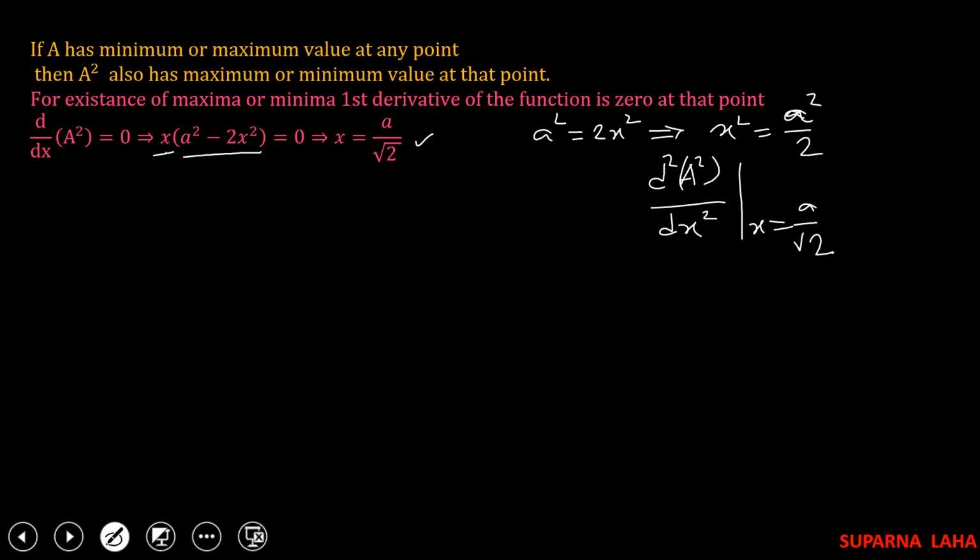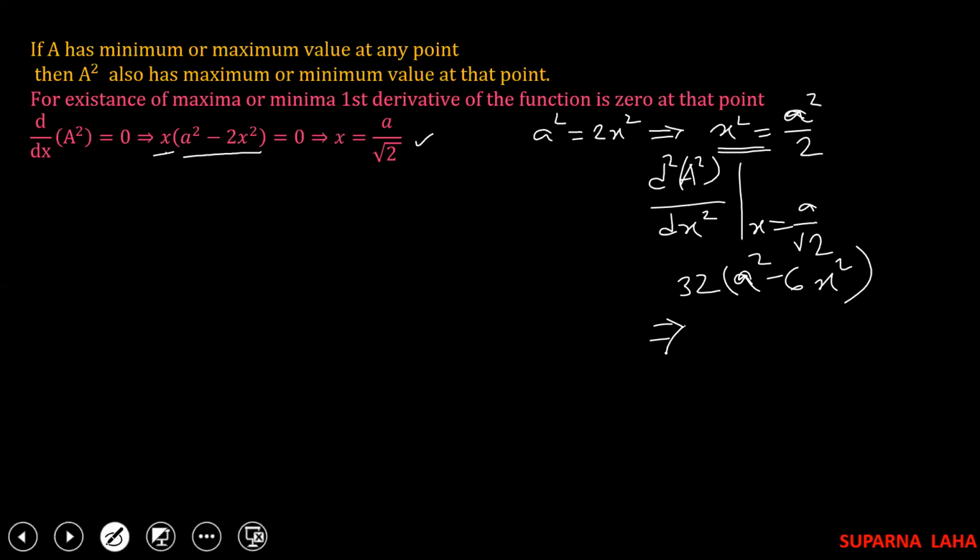So what is the second derivative? It is coming 32 into a square minus 6x square. Check your copy. It is 32 into a square minus 6x square. So I can put the value of x square from here.